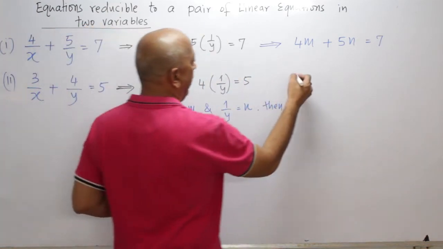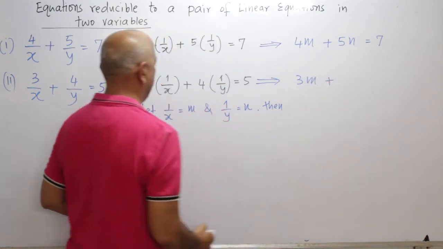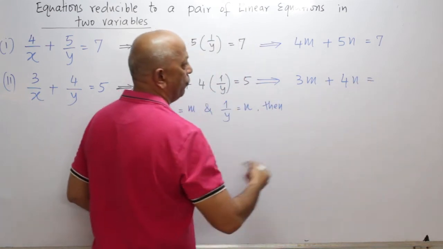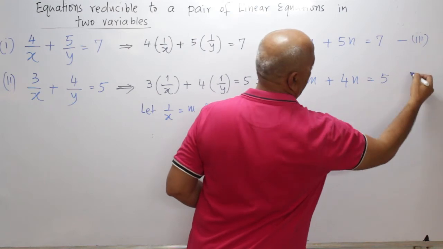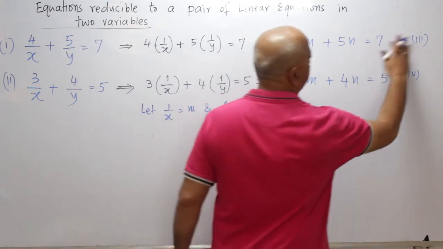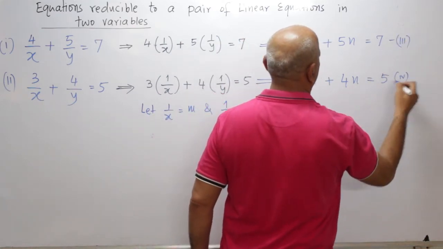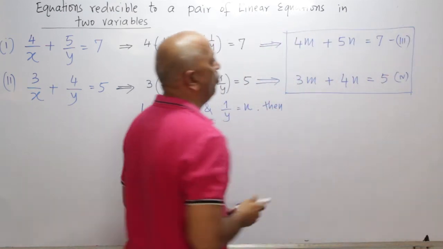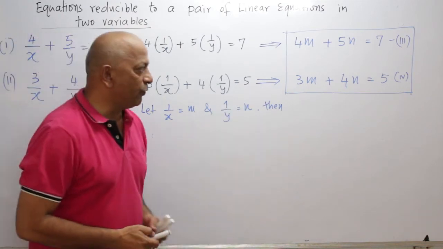Second, 3 into m plus 4n is equal to 5. So this is the third equation we got, and this is the fourth equation we got. Now these two equations are in the standard format of linear equations, so we can solve these equations.